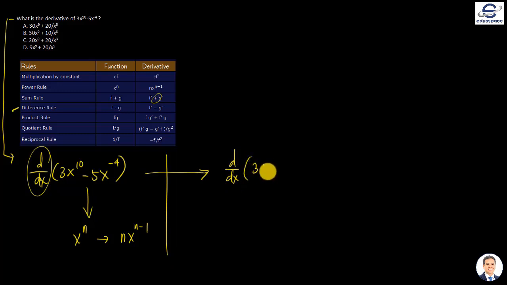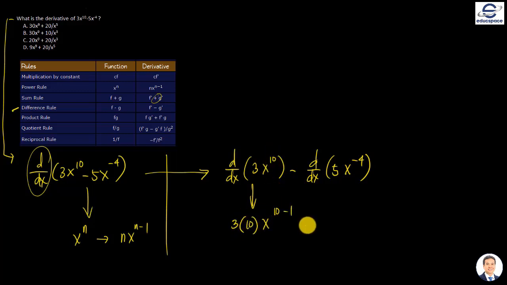So we can differentiate each term individually. That is d over dx of 3x to the 10 minus d over dx of 5x to the -4. Using the power formula, we have 3 multiplied by 10, x to the 10 minus 1, and then minus, of course, 5 multiplied by -4, x to the -4 minus 1.